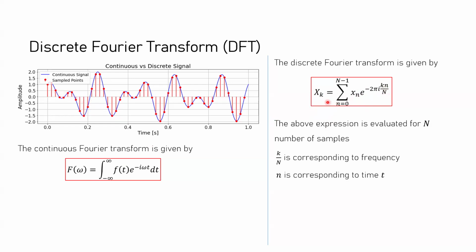So k is the index of the Fourier component, and n is the index of sample. So we are performing this summation from n is equal to 0 to N minus 1.